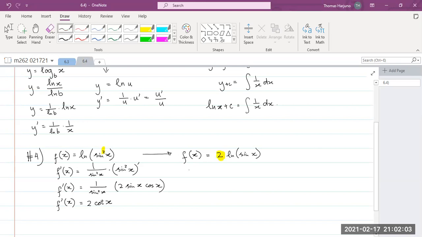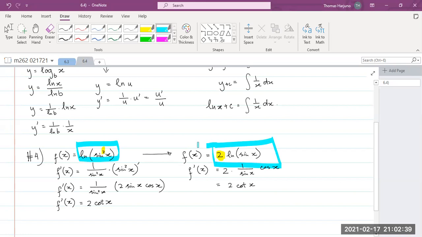Then the derivative of that will be 2 times 1 over blah times the derivative of blah. We come up with the same answer, 2 cotangent x. However, be a bit careful. These two functions here are not exactly the same.